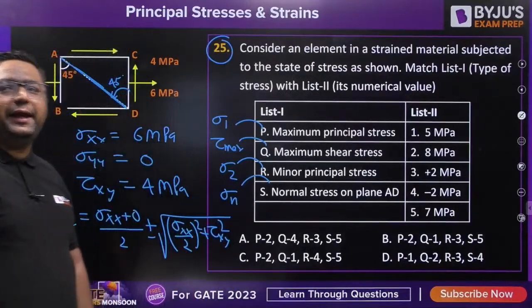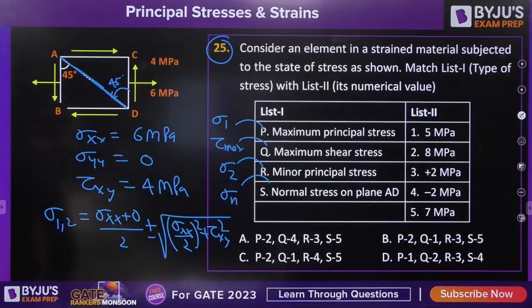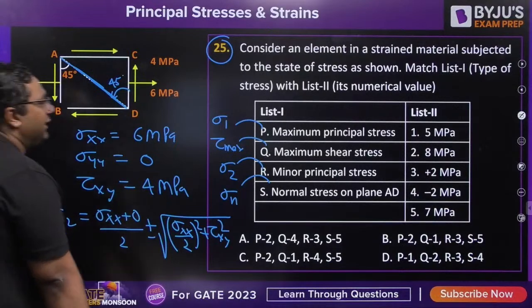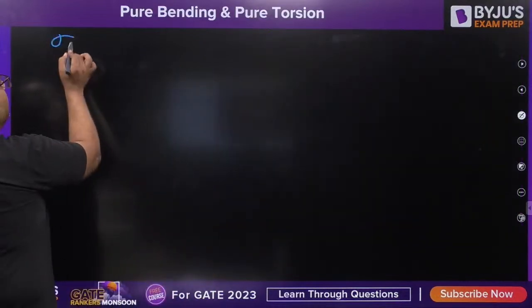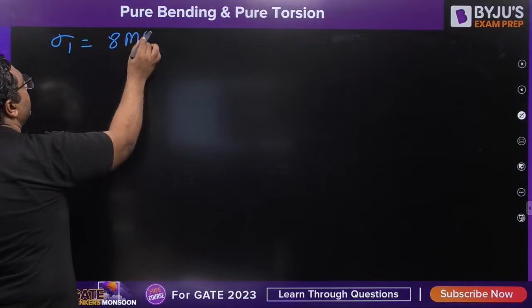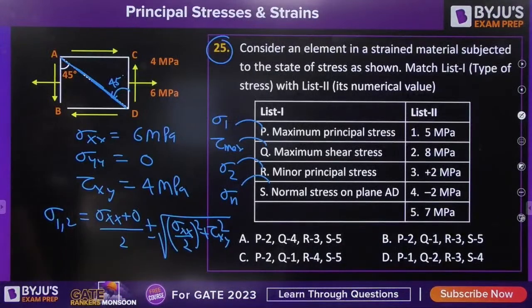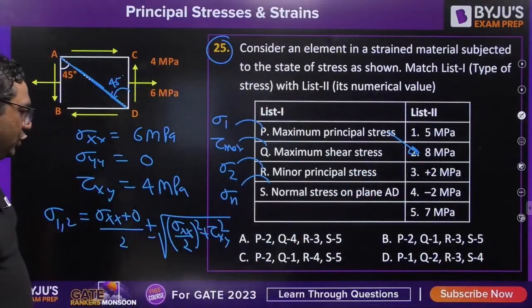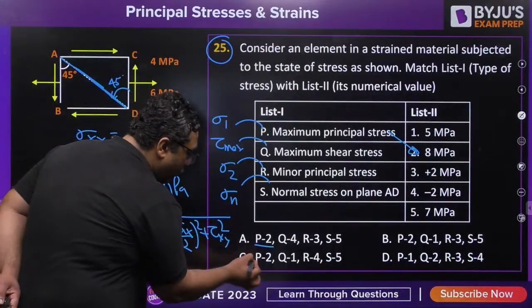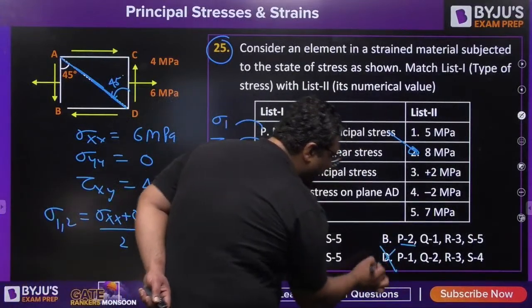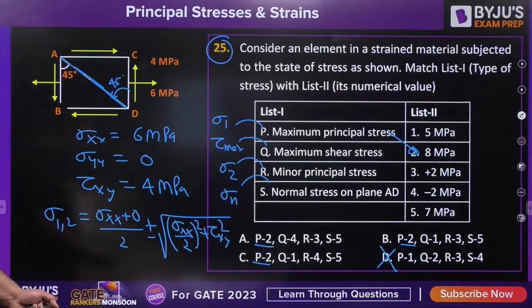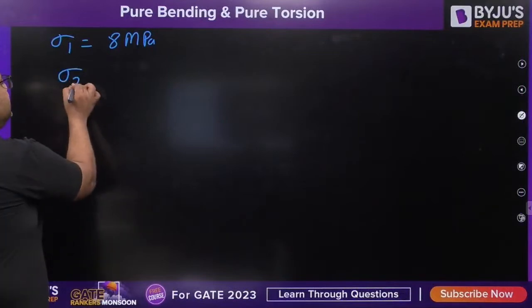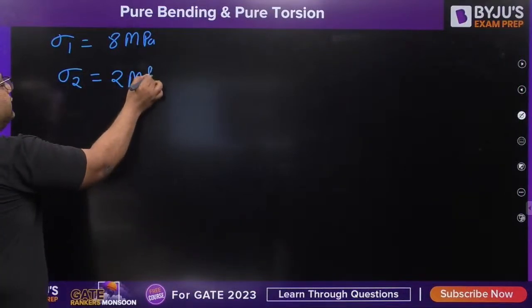Abhishek is saying A, Jishnu is saying C. What about others? So you will get sigma 1 as 8 MPa. So if you see sigma 1 as 8 MPa, so this is going to match with P with 2. So either A or C or B, means D is not the answer. Then you will find out the minimum stress. Sigma 2 will come out to be 2 MPa.